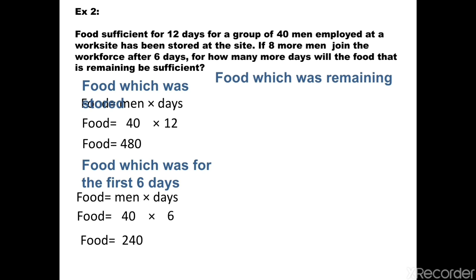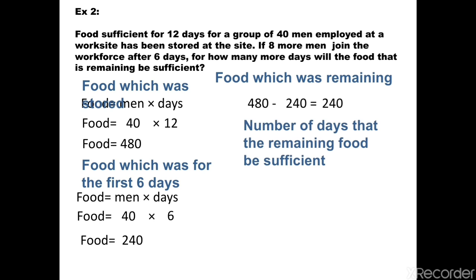Now thereafter we can find out the food which was remaining from the stock. So here we have to subtract 240 from 480. Then you will receive an answer of 240. So finding the remaining stock of food is very important.